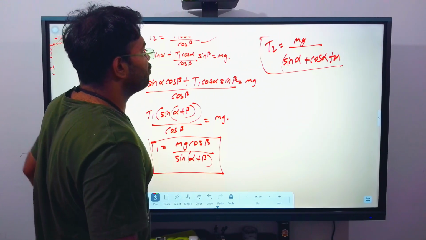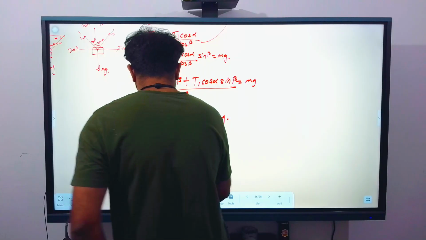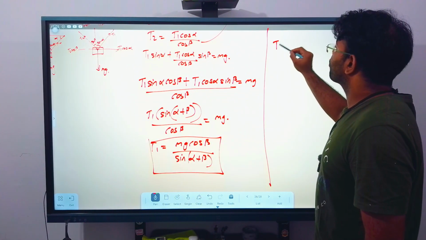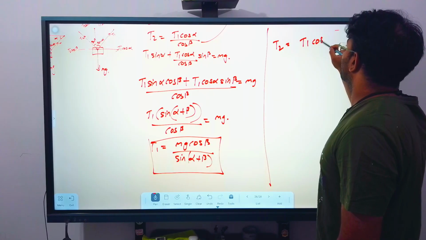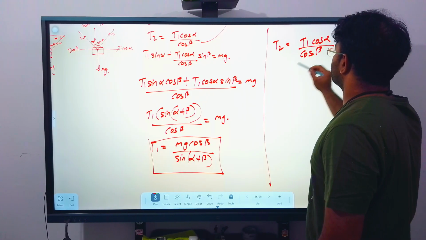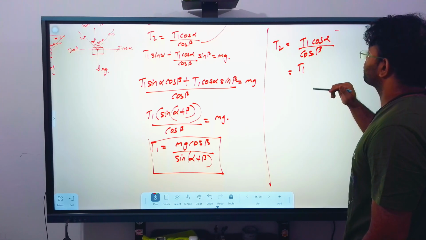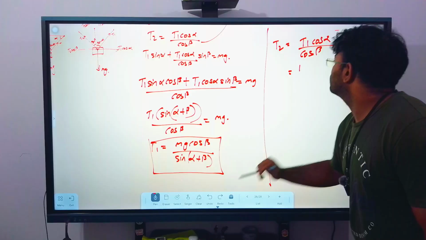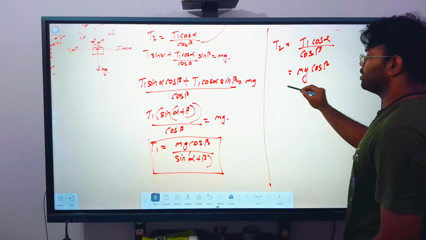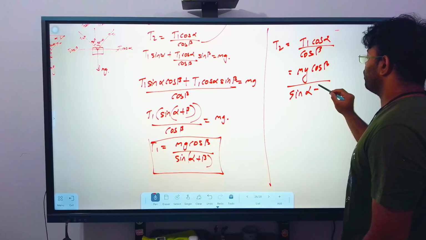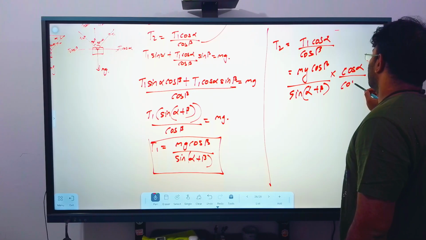Now, what should be the value of T2? T2 is equal to T1 cos alpha upon cos beta, which is mg cos beta upon sine alpha plus beta, multiplied by cos alpha upon cos beta.